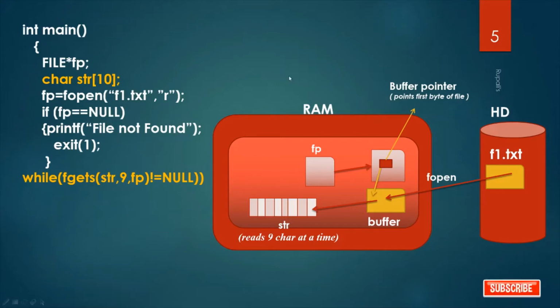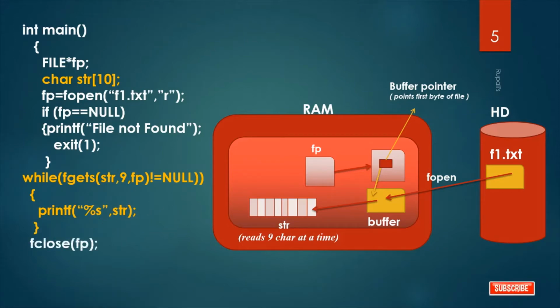Now, if fgets returns NULL, then we can say we reached the end of file. So this while loop will continue till the value of fgets is not equal to NULL. After that you have to print the string, just write printf("%s", str).